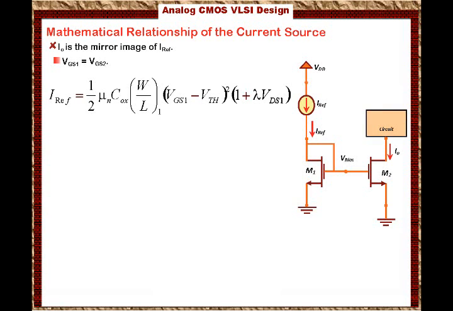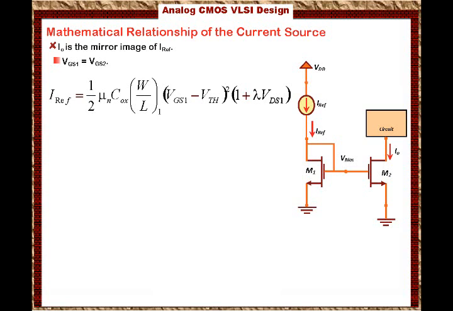So this is the current equation for the transistor in the saturation region. The transistor is in saturation because it is diode connected. We know that the diode connected MOS transistor always operates in the saturation region.